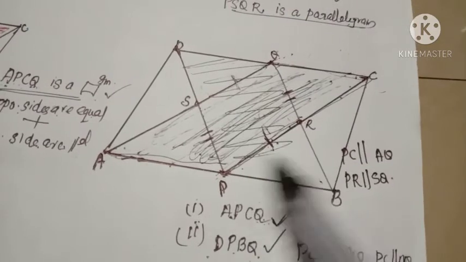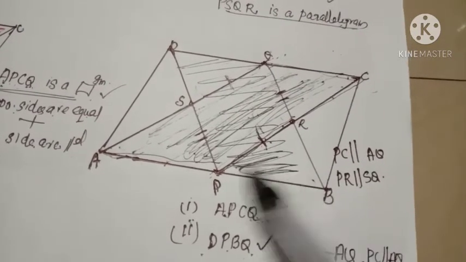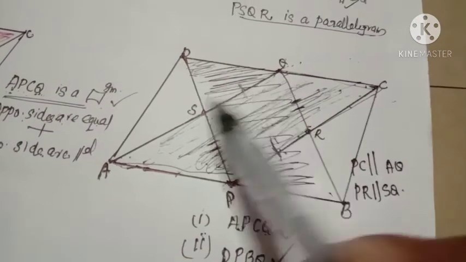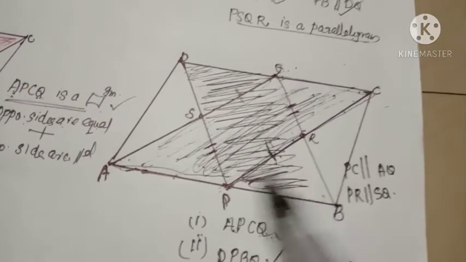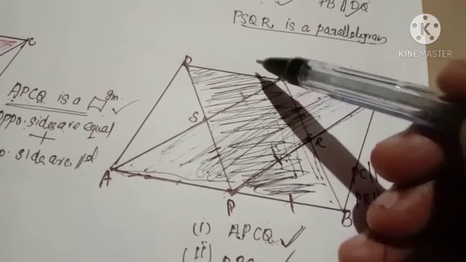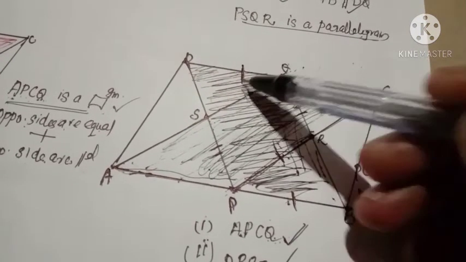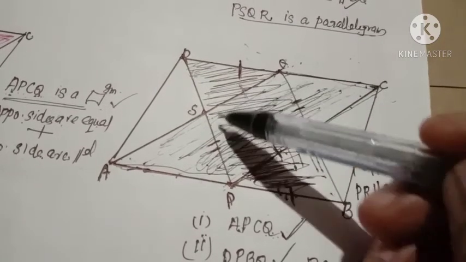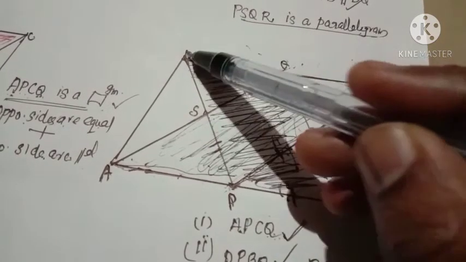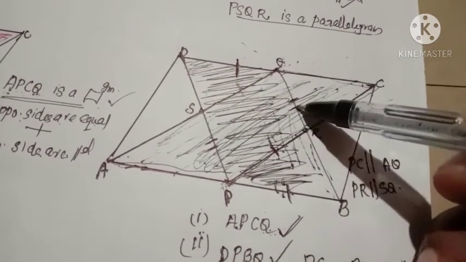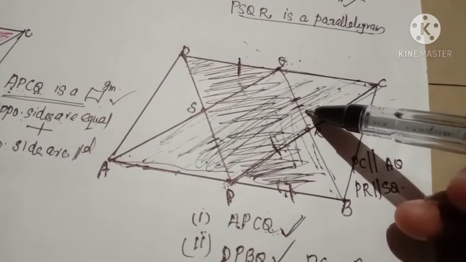Now, in this DPBQ, PB and DQ are one pair of opposite sides. So, just avoid this and take the next pair of opposite sides, that is PD and BQ. These two sides are parallel.